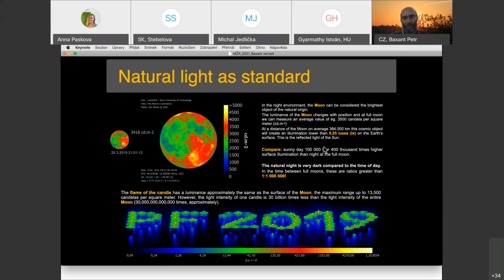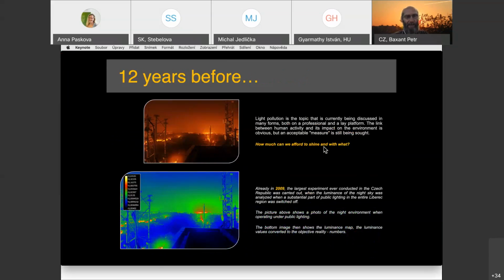So this is just for the condition of how the natural source can look, and now to our experiment in Brno. Or maybe we can start 20 years before, when we did an experiment in the Liberec district, where the organizers, the Czech Lighting Society and regional municipalities, prepared conditions for us to measure effects of light on nature and on sky luminance during a public light switch-off.